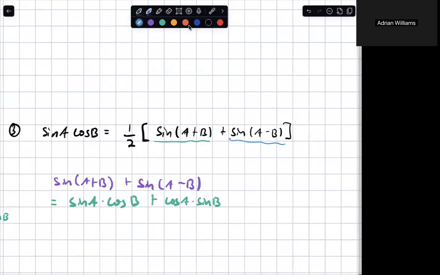Now going for our second one, so plus sine a cos b minus cos a sine b.